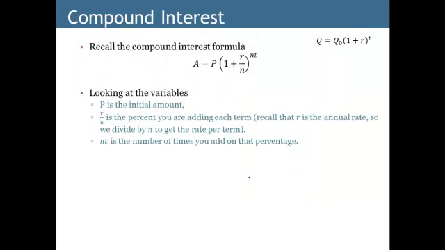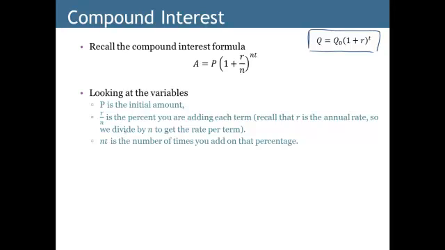All right, and if you can see here, here's the compound interest formula. A equals P times the quantity of 1 plus R over N to the NT. So it's very much like the formula we just looked at a second ago. P is your starting amount, your starting balance in the compound interest formula. 1 plus R over N. Why R over N?